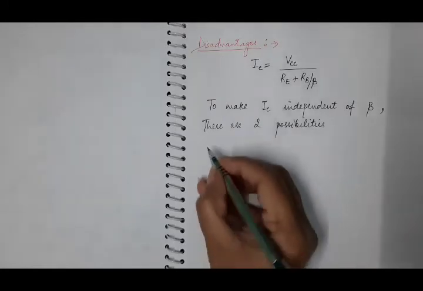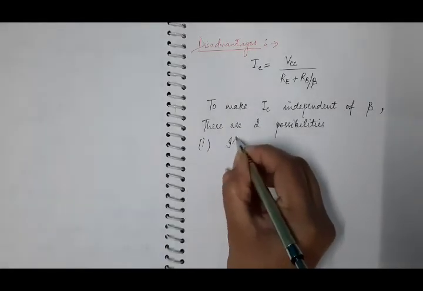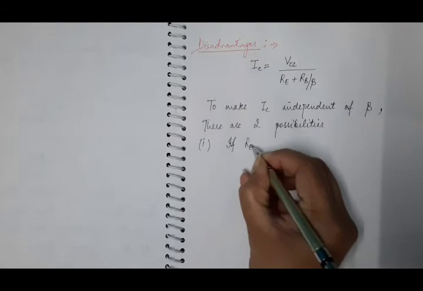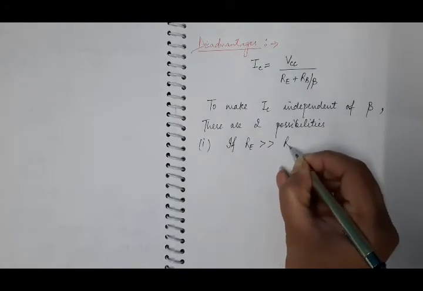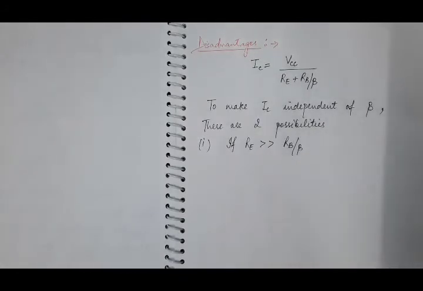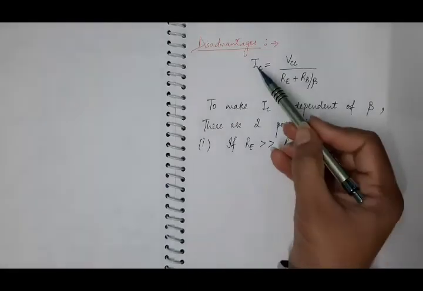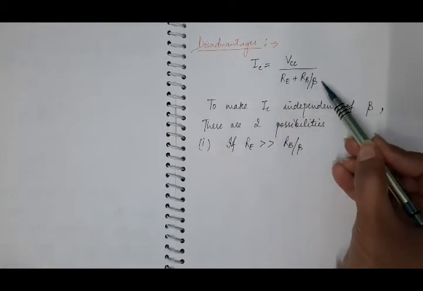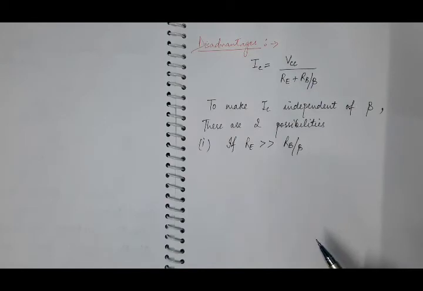So the first possibility is, if RE is made very much greater than RB by beta, then this IC will be independent of this factor, because we can ignore it then.